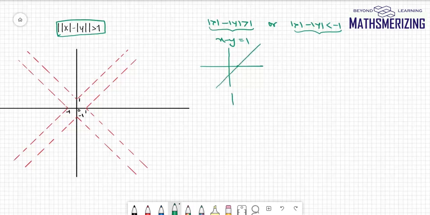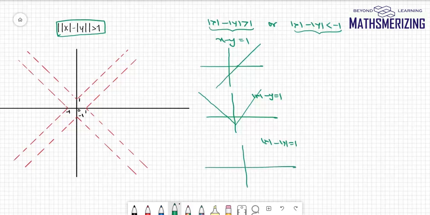Now I'll take the transformation of mod x. Erase the graph from the second and third quadrant, and take the reflection of right on left. And then I'll take the transformation of mod y, which is to erase the graph from the third and fourth quadrant and take the reflection of up and down.